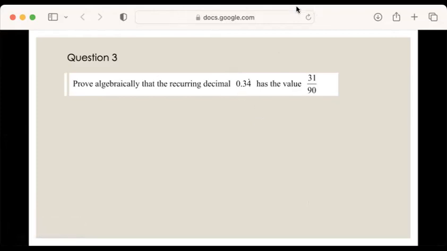Right? What you have to do is, first of all, look at the number and see how many recurring decimals are here. There is only one number which is recurring.